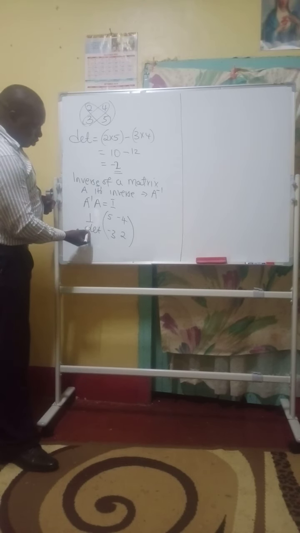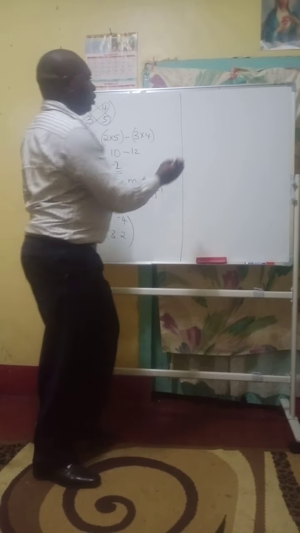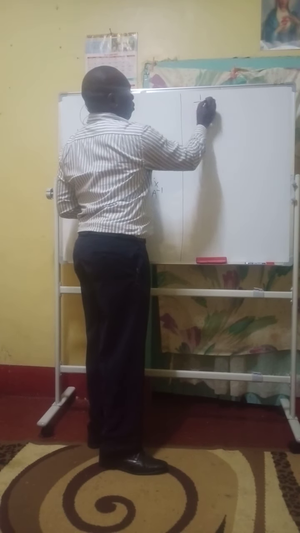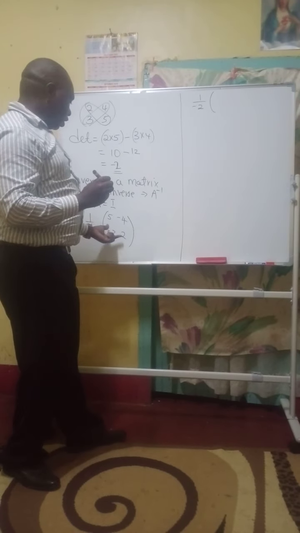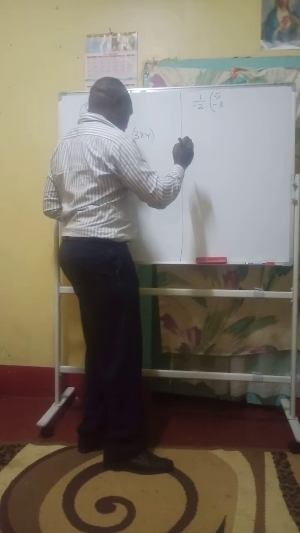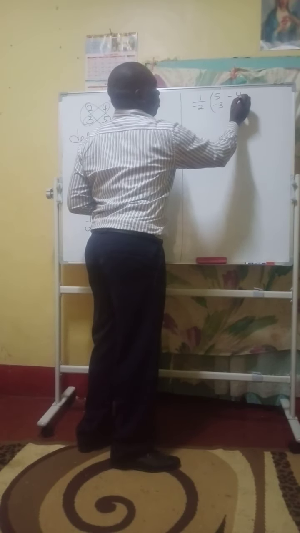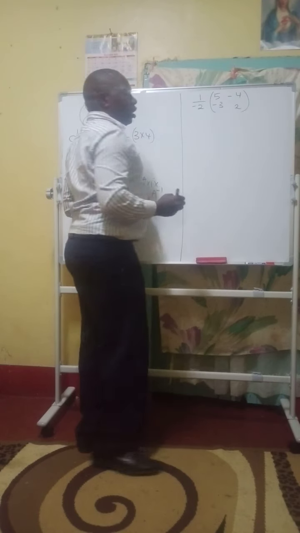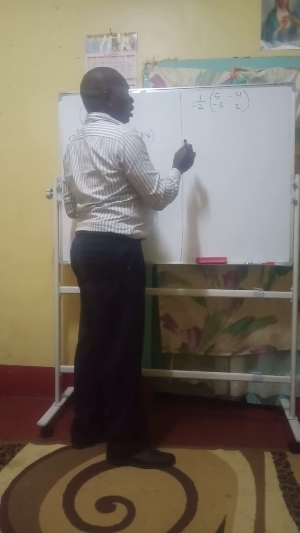Now remember, 1 over determinant is basically 1 over negative 2. So 1 over negative 2 into our matrix, which is now 5, negative 3, and then negative 4 and 2. And we're going to multiply each part with negative a half.